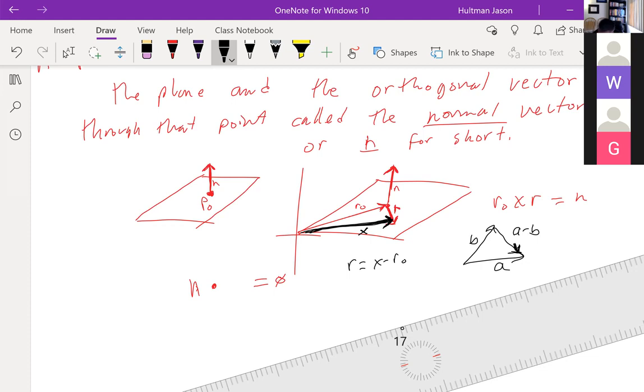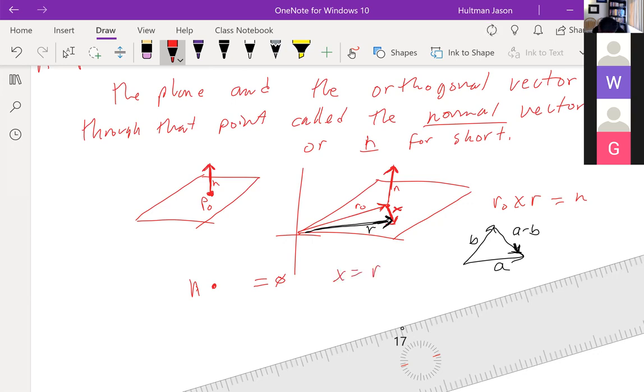Oh, you know why? Because I screwed up. The reason I screwed up was this. This is R, and this is X. Now what is X? X is R minus R naught. That makes sense.